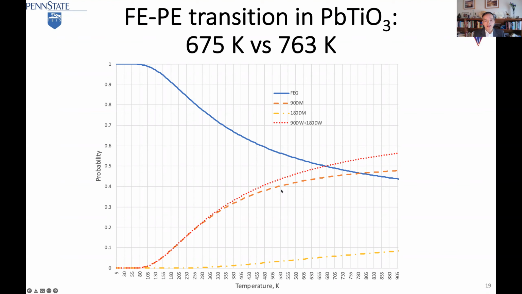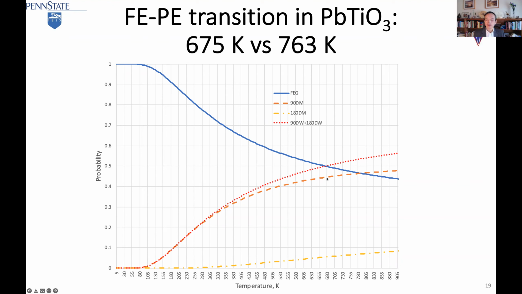Well, you can see again that the 90-degree domain wall is dominant, and the 180-degree domain wall has a much, much lower probability. It reaches below 10% at high temperature. At the transition temperature, it's like 5% 180-degree domain walls and about 45% 90-degree domain walls.